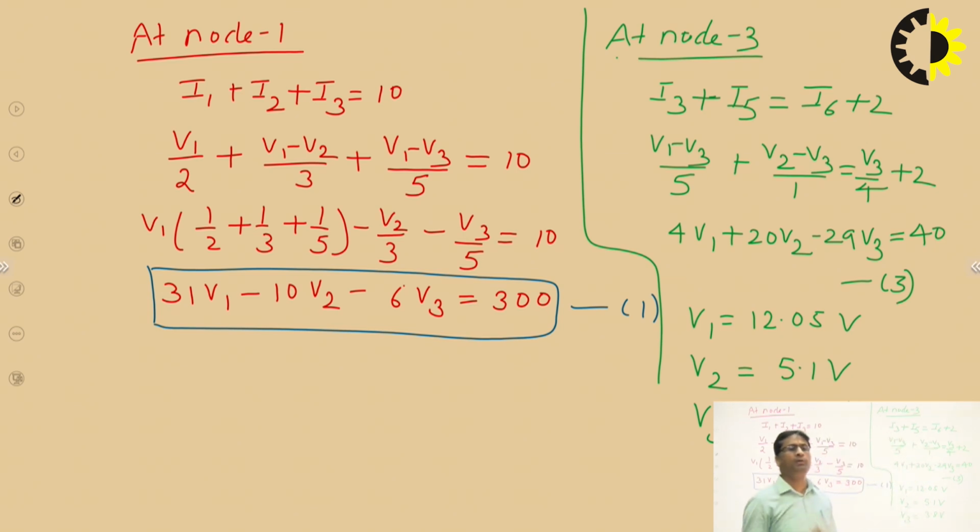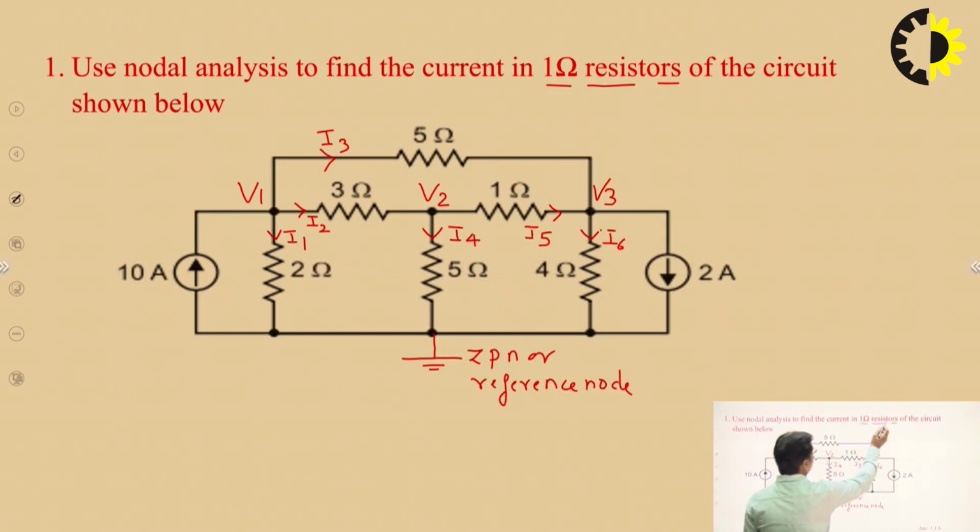You can solve it by using a calculator, by using linear equations, or by using Cramer's rule, but solving with a calculator is quite easy for you. Just put in the values and you will get the answers for V1, V2 and V3. Now our objective is to calculate the current in the 1 ohm resistance.